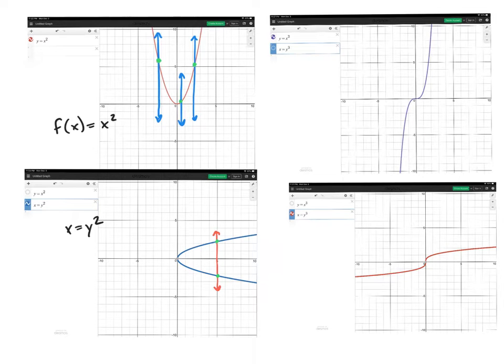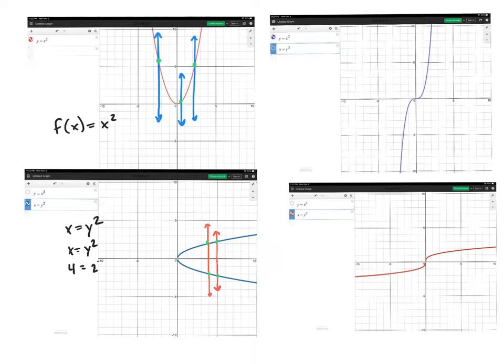We don't actually know what the square root of 5 is precisely, but here, that one's really nice. There are two outputs for the input 4. If x equals y squared, then 4 has two outputs.